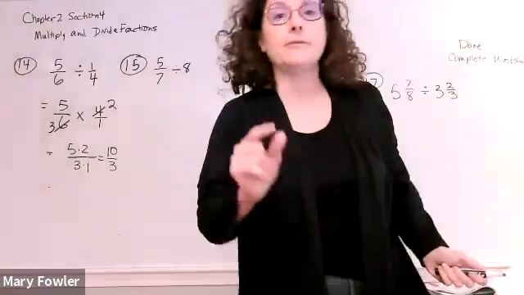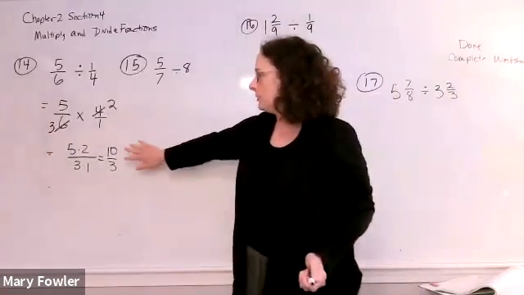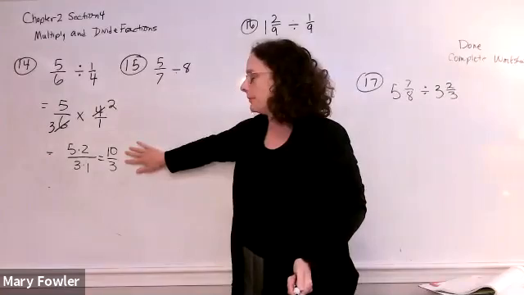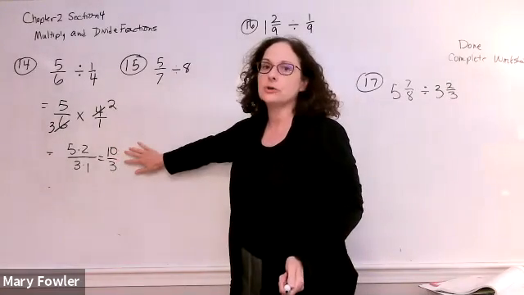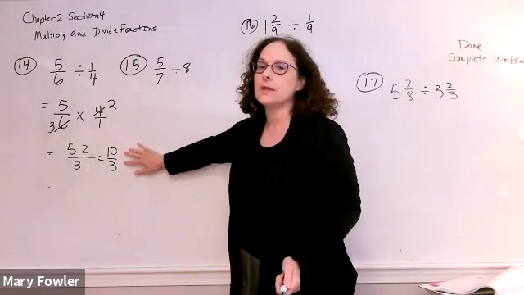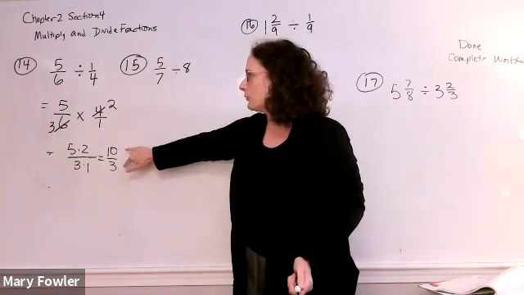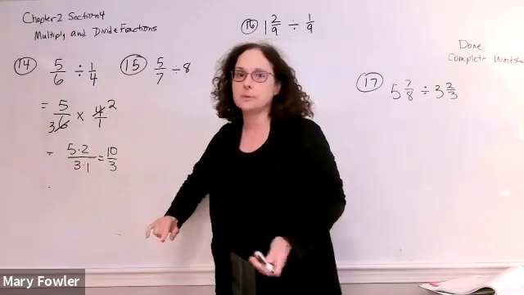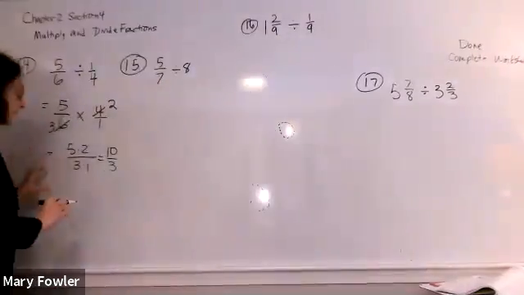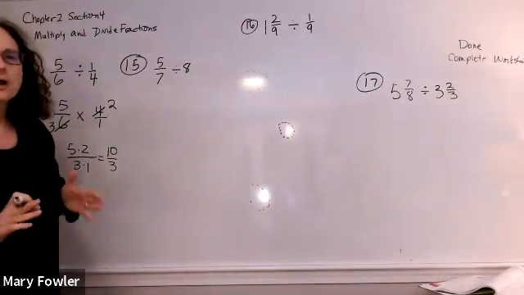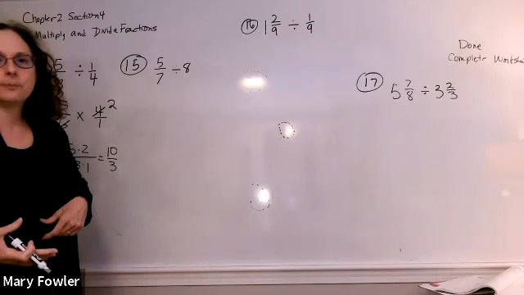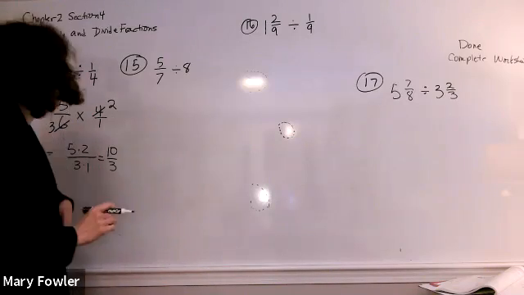So they do have this both in reduced form, so there's no more common factors, and then turn the improper fraction back into a mixed number. So we want to represent this as a mixed number. Okay, and for the most part in this class, we'll probably convert back to mixed numbers whenever we can.